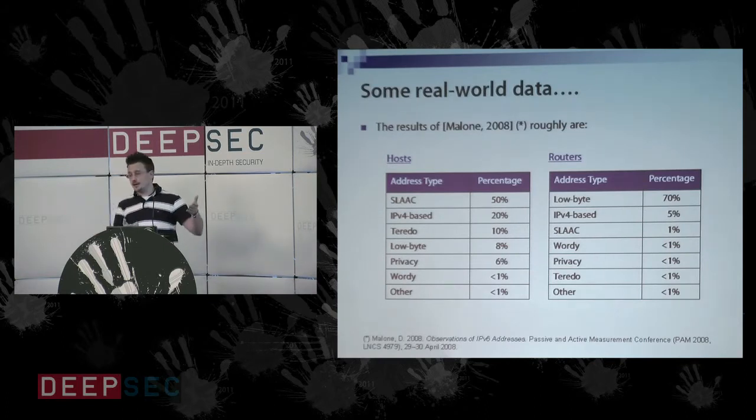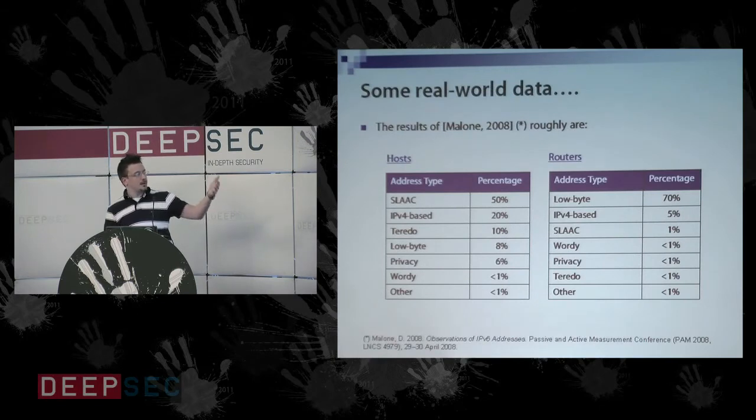The reason for that is probably similar to the low byte addresses. Let's say that you have an IPv4 router, and you remember its IPv4 address. One possible way to select an IPv6 address that is easy to remember is to include the v4 address in the v6 address. And the rest of the numbers, the ones that are wordy, privacy, and so on, are very, very small.